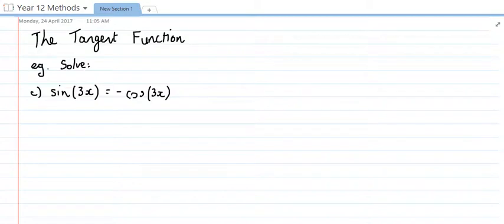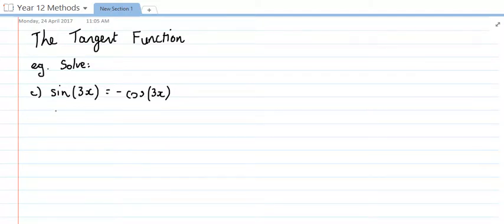Instead, I'm going to solve this just working through it because it is going to work out with a nice solution. So the first thing here to notice is that sine 3x and cos 3x, because they have the same angle inside them, we can group them together to make the tan function. And the way I'm going to do that is just by dividing by cos 3x on both sides, because we know that sine over cos is tan.